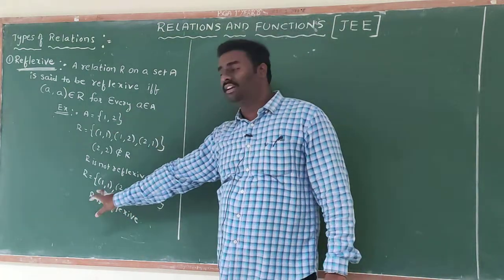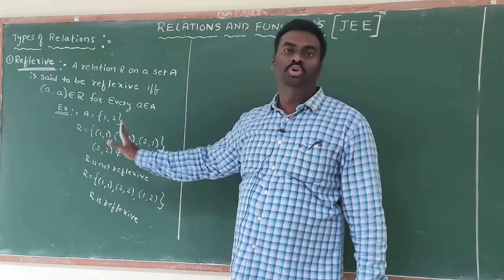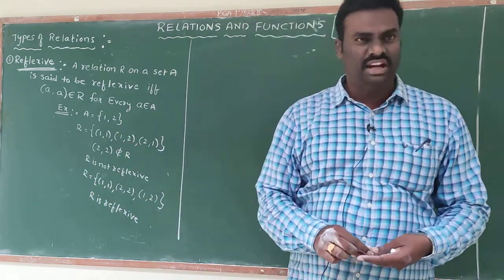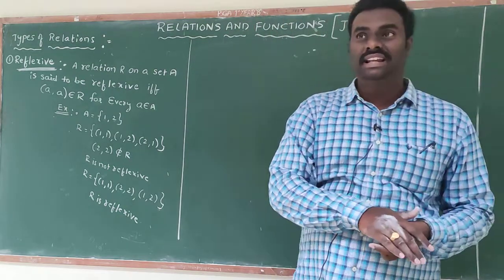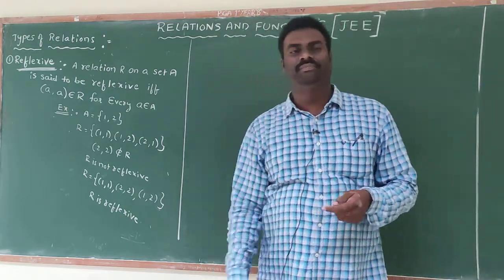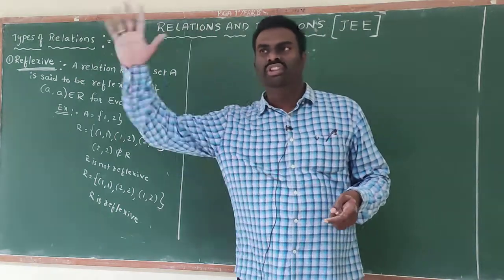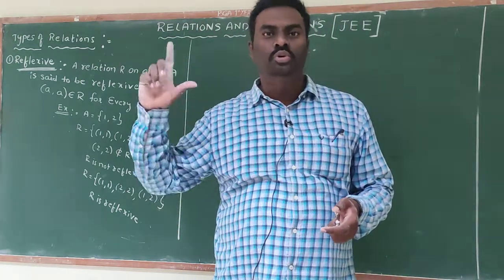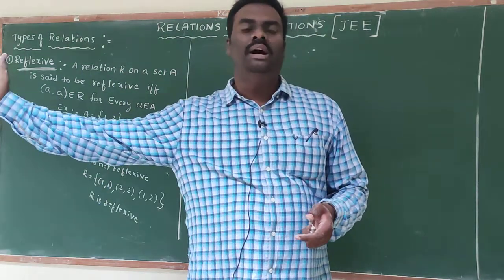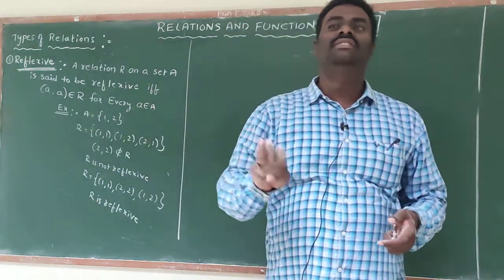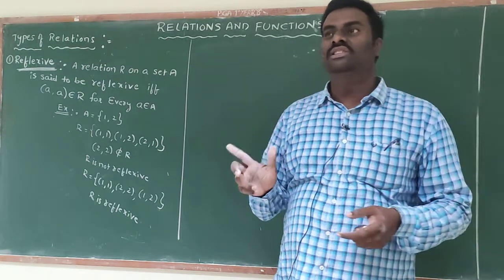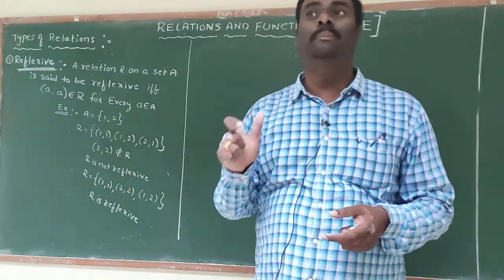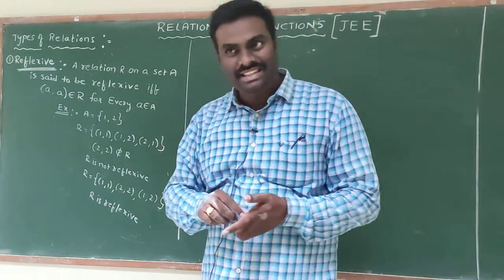But in this relation (1,1) is there, (2,2) is there, that's why it is called reflexive relation. For example, the set contains 3 elements 1, 2, 3. Now we need to verify (1,1), (2,2) and (3,3). You need to verify for 3 elements. So in reflexive we need to verify the condition for all elements which are present in the given set.